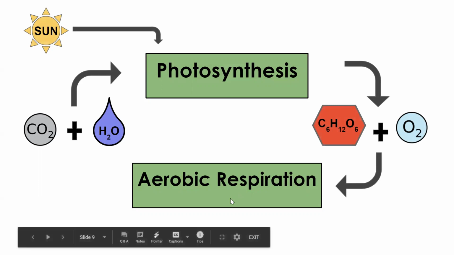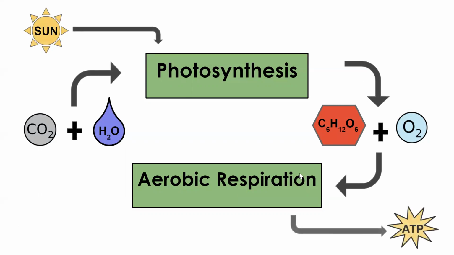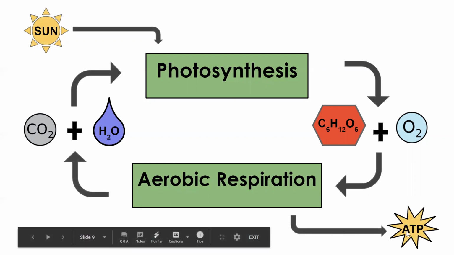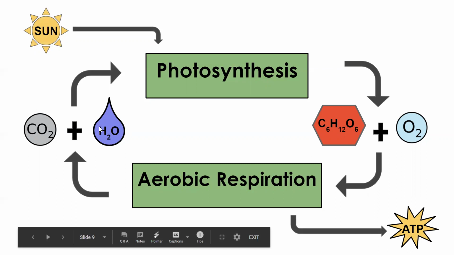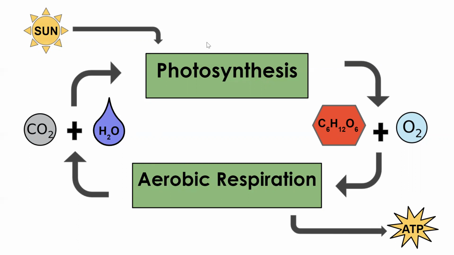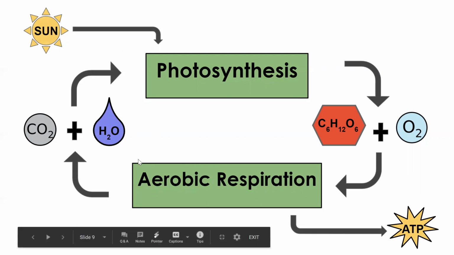However, aerobic respiration needs glucose and oxygen, those reactants, to make carbon dioxide, water, and energy. So how are these two processes related? What do you notice about the products and the reactants? How are these two processes related in a cycle?